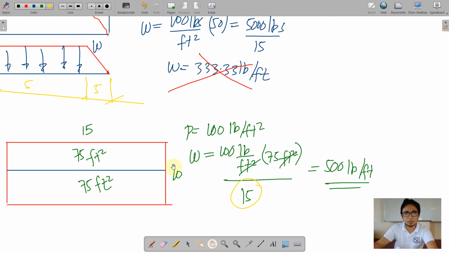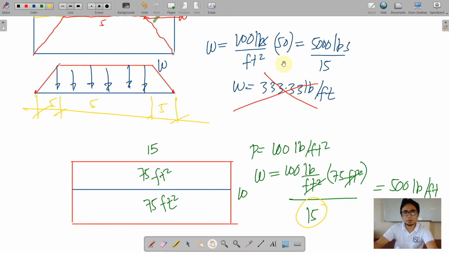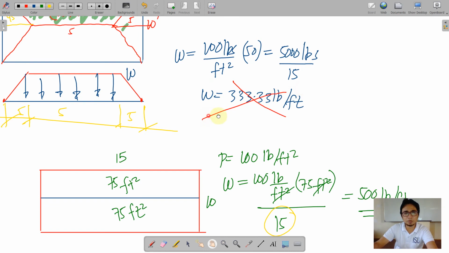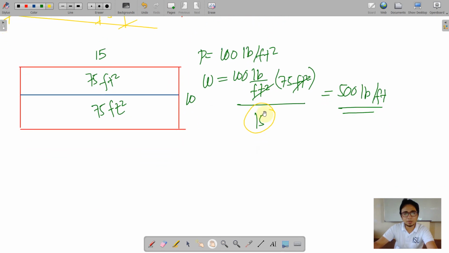Unlike here on the trapezoidal portion, 100 times 50 or 5,000 is not equally distributed to 15 because in the first place it is of trapezoidal section wherein these edges are declining. Unlike here, when we illustrate that one, here's the beam. This is a flat line.